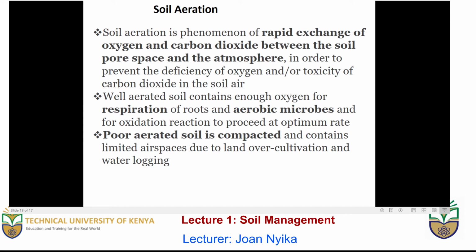The other aspect we will look at is soil aeration. What is soil aeration? It is simply the amount of air, that is oxygen or carbon dioxide, that is found in soil. Remember that plants during the day take up carbon dioxide and during the night they take up oxygen. How much of this carbon dioxide is available in the soil for plant uptake and for purposes of photosynthesis?